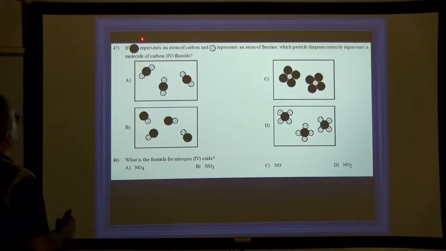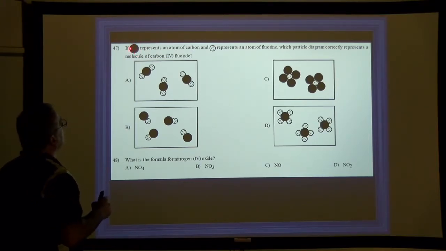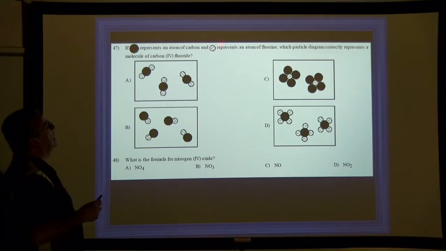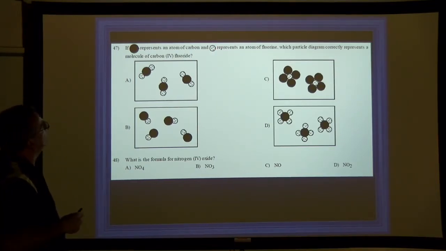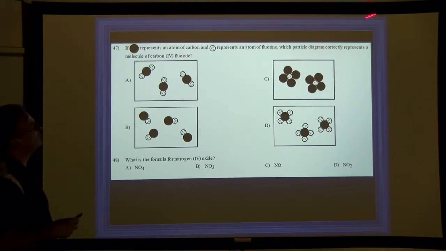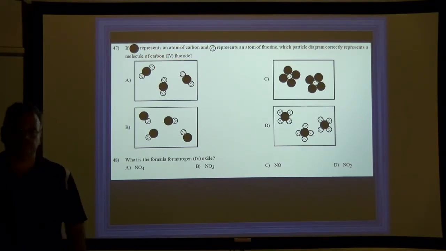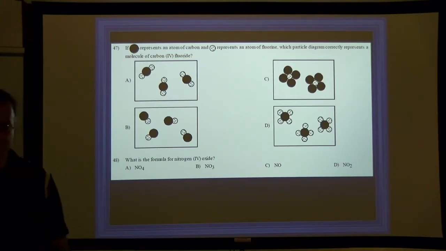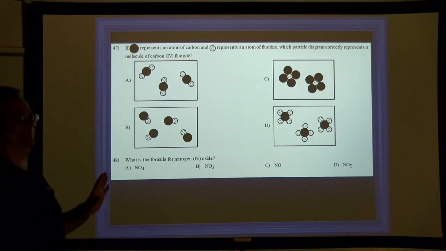So here's a particle diagram. As it says, this filled in sphere represents carbon, and the one that's not filled in represents fluorine. It says which particle diagram correctly represents a molecule of carbon, Roman numeral 4, fluoride. So they want you to draw it, if you think about it. If you're smart, you say, okay, I'm going to forget the particle diagrams.